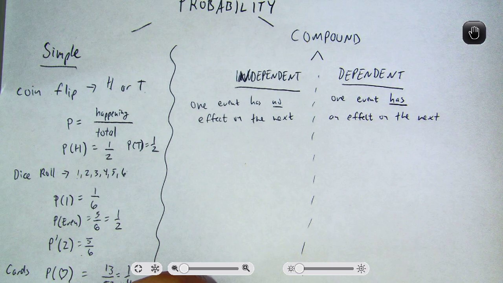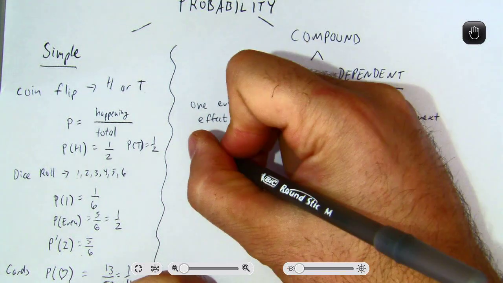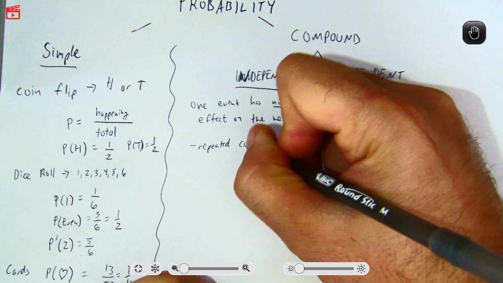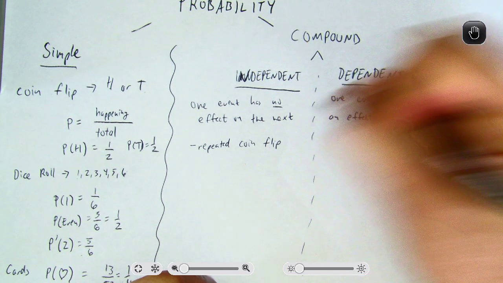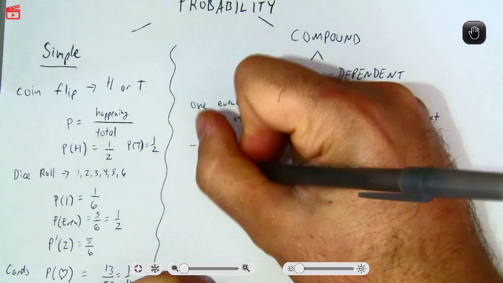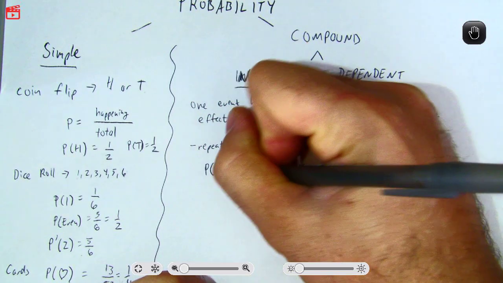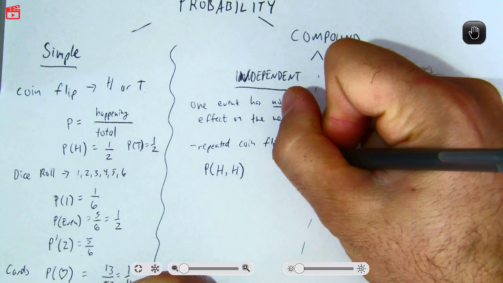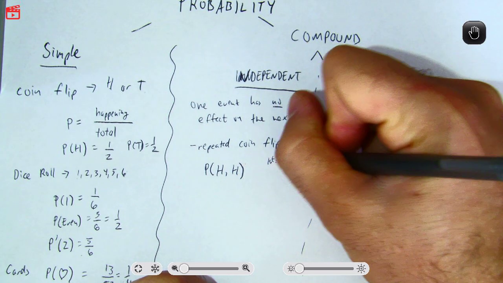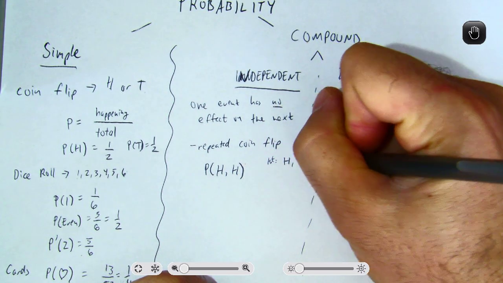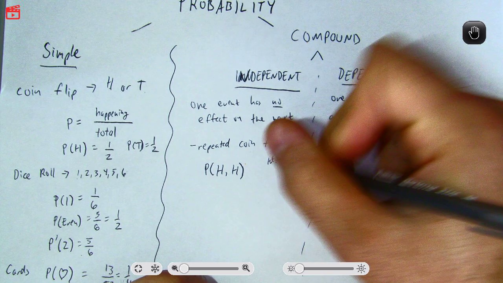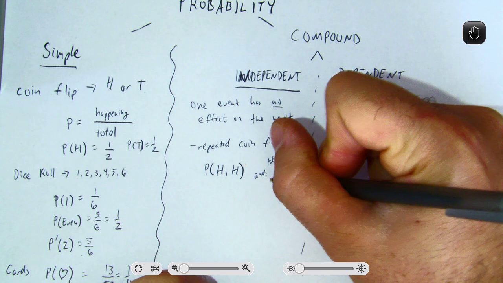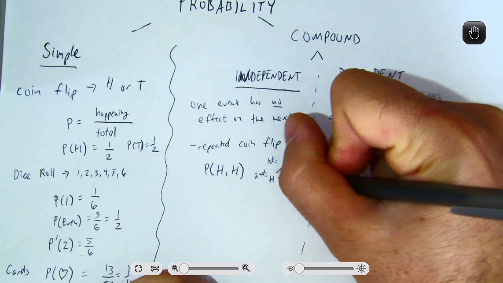So, independent. An example of this would be a repeated coin flip. So, the probability of getting heads followed by heads again. I can think about it like this. My first flip, my options are heads or tails. My second flip, from the first heads, I can get a heads and a tails.